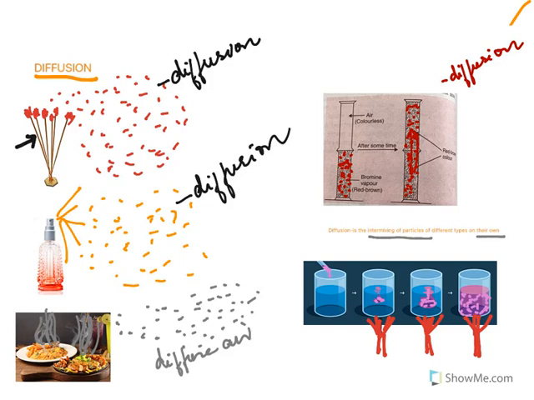It's the same reason why the particles of hot food move faster. In the case of agarbatti also, the particles are hot, they have more kinetic energy, so they move faster. So diffusion increases when temperature increases.